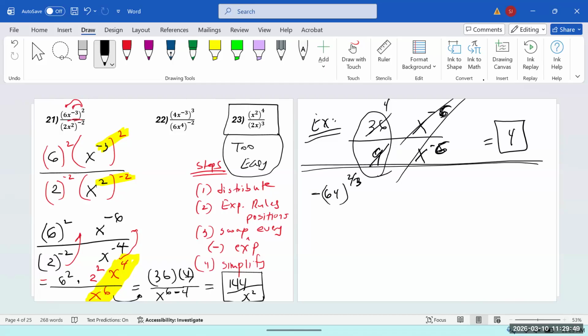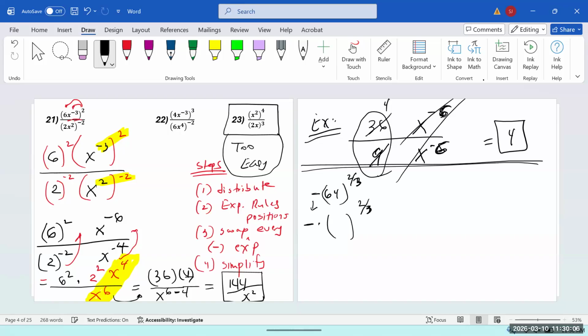So here, this negative is not inside the parentheses. So it's a multiplication. As long as it's not inside the parentheses, it's always multiplication. So it's multiplication, and then we have 2/3 power.